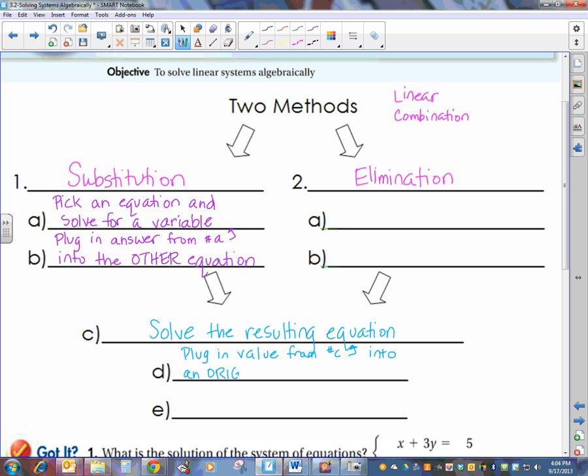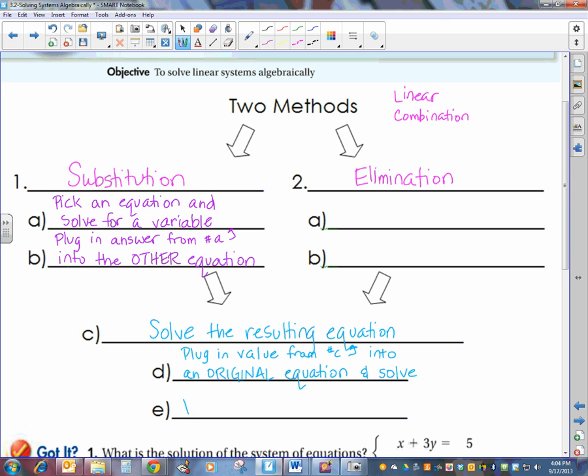You could be safe plugging it into the original equation. If you don't plug it into the original equation, then you're just kind of working in a circle if you've made a mistake. So plugging the value from C into an original equation, that would be the two equations that you started with, and solve. And that will give you the last variable.